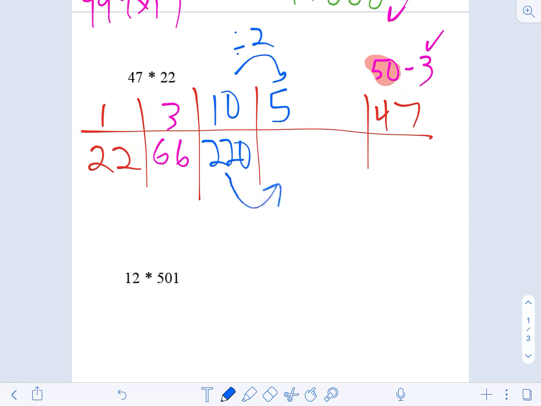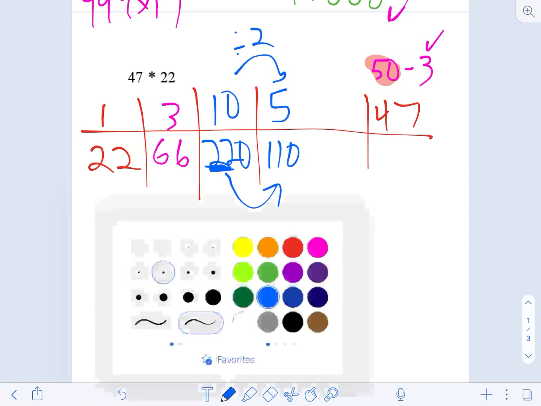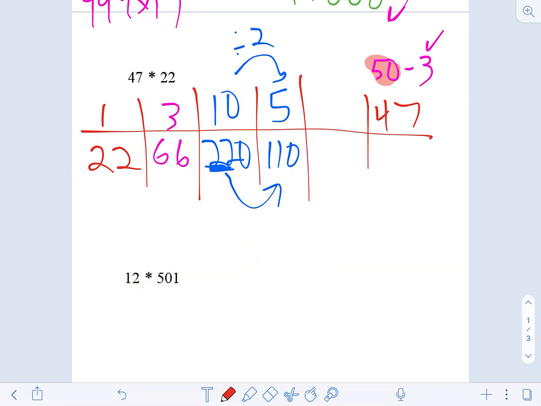Well, half of 2, I don't know, but half of 22 is 11. And add the 0. Oh, and then you can move from 5 to 50. So knowing your tens and then cutting that number in half to get 5 can sometimes be easier than just multiplying by 5. Okay, so let's go to pink.